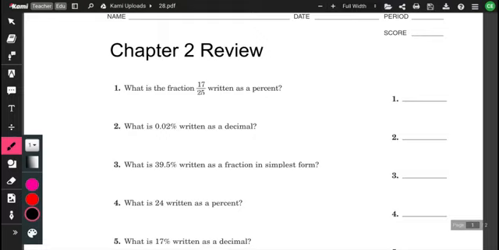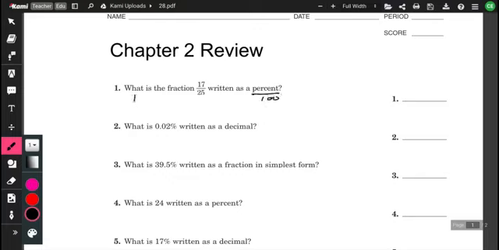All right, so we are going to start with number 1. We have the fraction 17 over 25 is written as what percent? Okay, so what I'm going to do first is make this equal to 100 because every percent is always over 100.